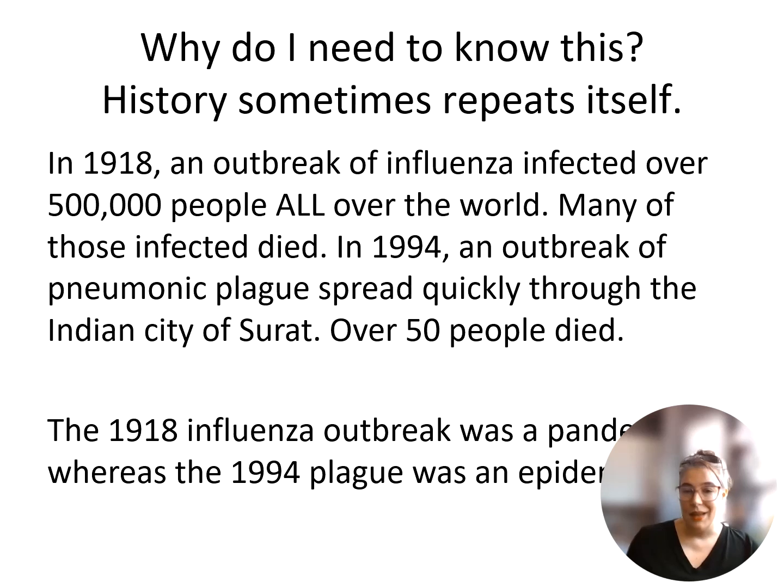Many of those infected died, unfortunately. In 1994, an outbreak of pneumonic plague spread quickly through the Indian city of Surat. Over 50 people died. So the 1918 influenza outbreak was a pandemic, whereas the 1994 plague was an epidemic.